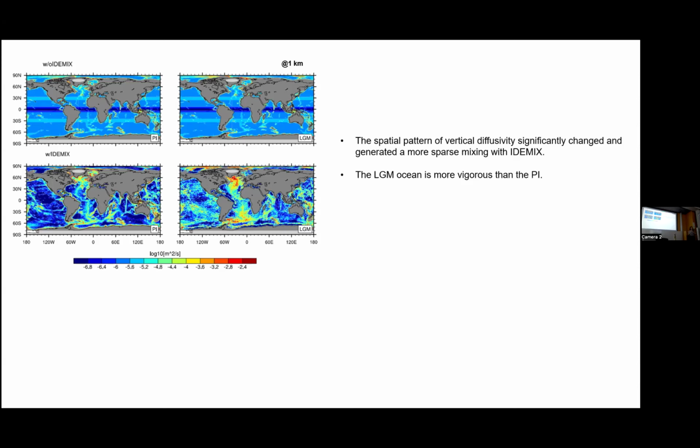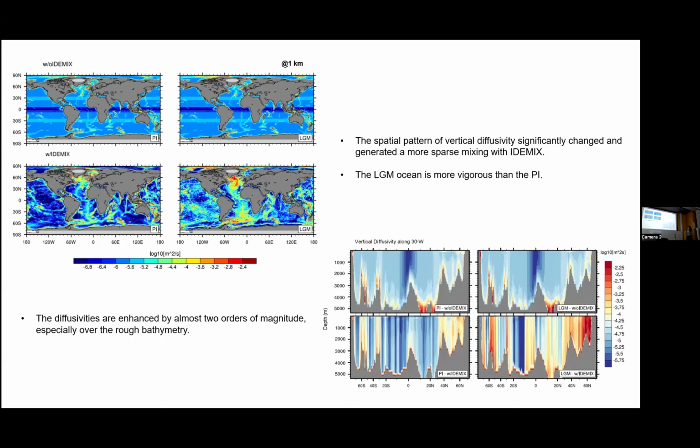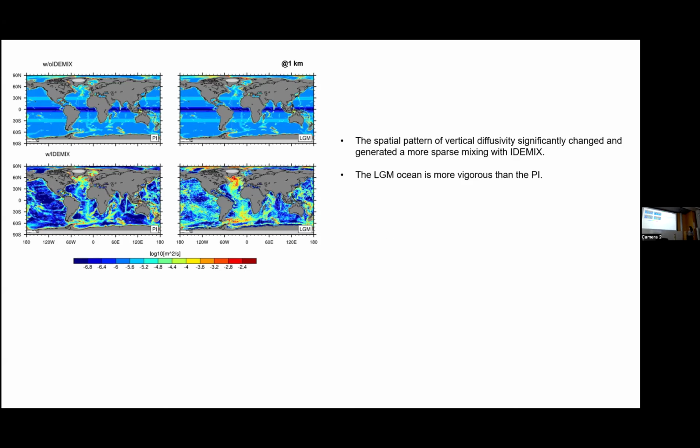Whereas with IDEMIX, with our setup, we already disabled the constant vertical background diffusivity. So the background diffusivity that we have is only coming from the IDEMIX. And that's why, over the mid-Atlantic ridge, for instance, we have more vertical diffusivity, so more mixing.